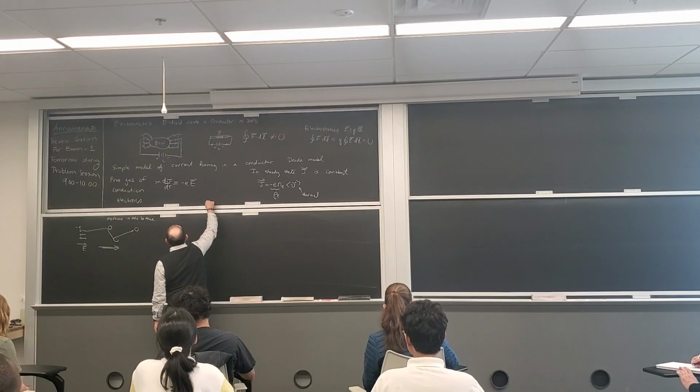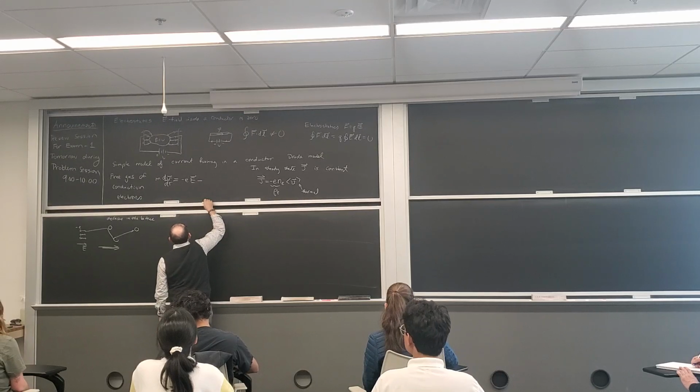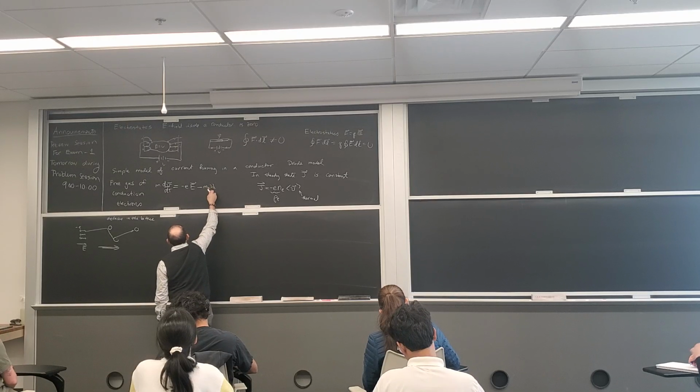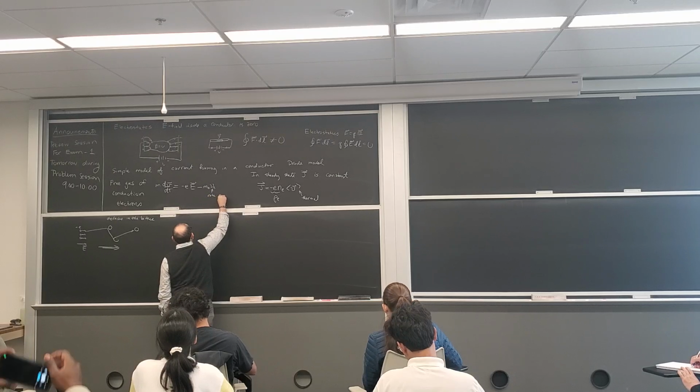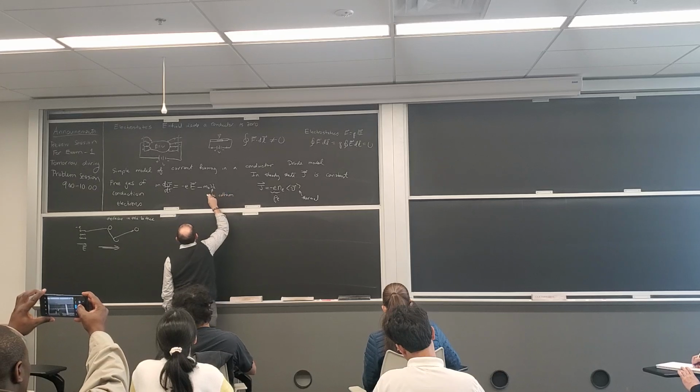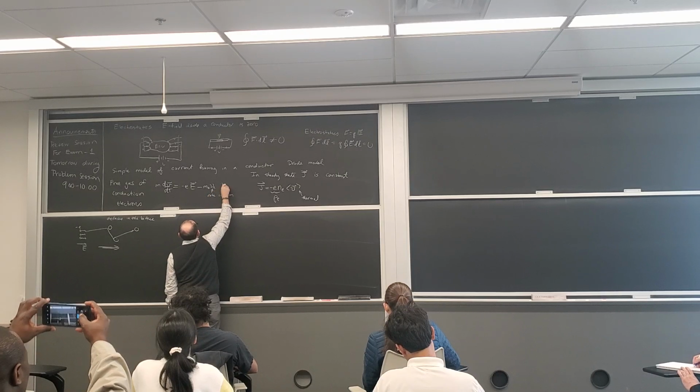So in addition to this, there's a damping force, which we'll just say has a drag coefficient, a rate which is related to the rate of collisions, times the velocity.